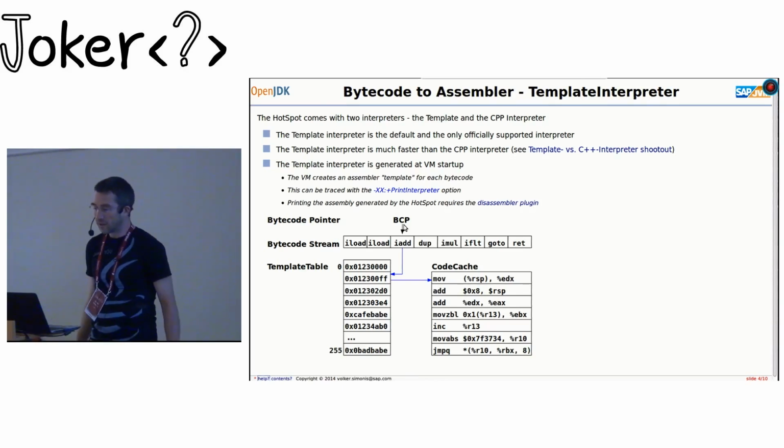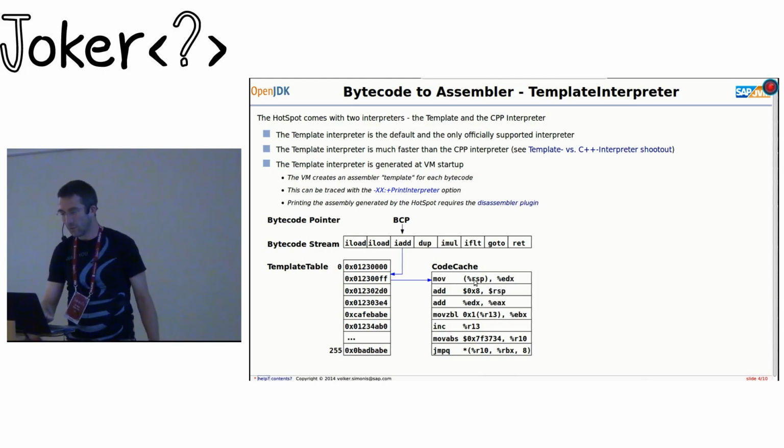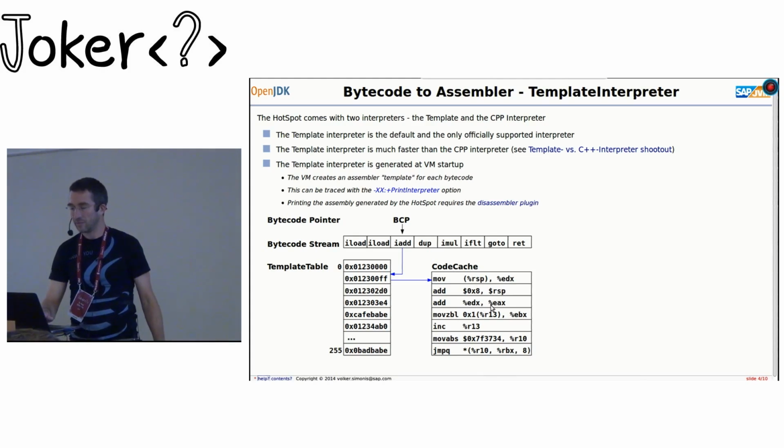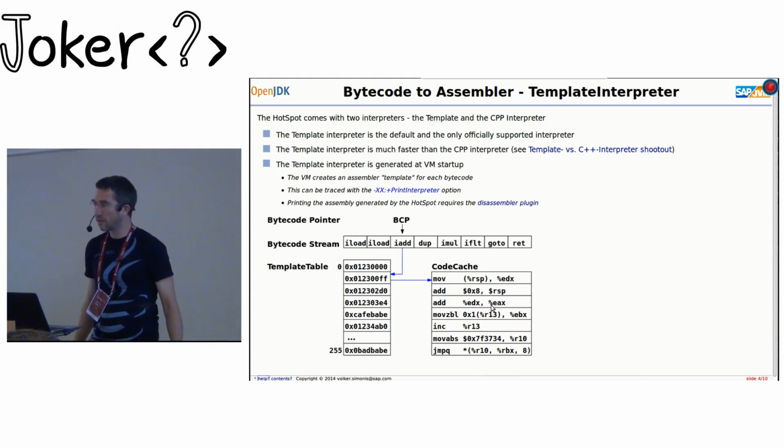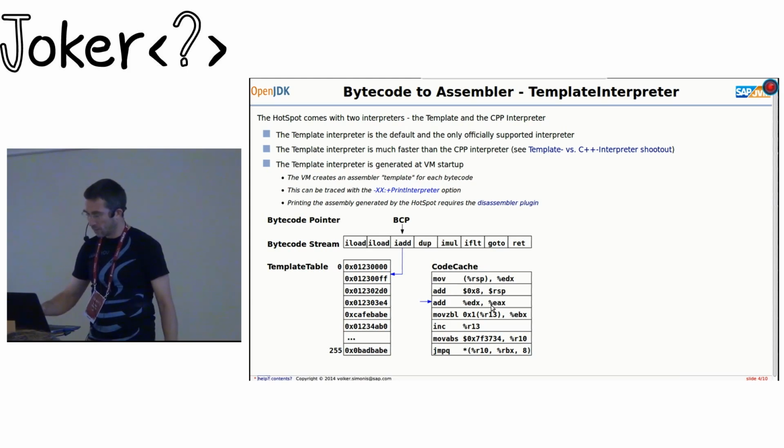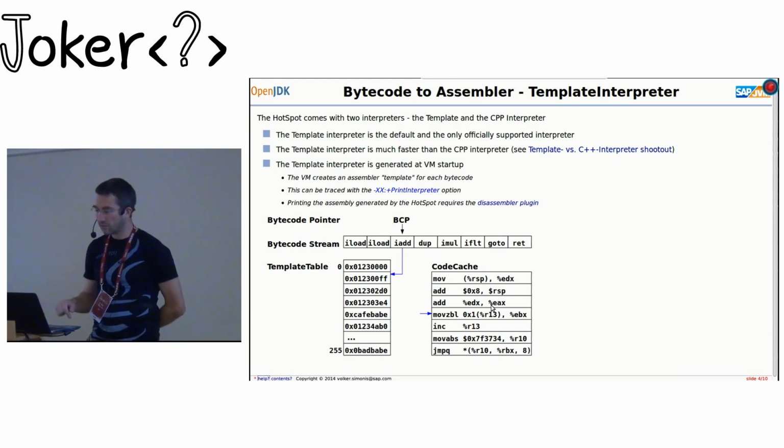So for the integer add bytecode, we get some code which is similar to the one I showed here. You see, we just move the top of the stack into the DX register. We increase the stack pointer, then we add the DX register to the AX register, which already contains the second parameter of the integer add. And then register R13 is the bytecode pointer from above.